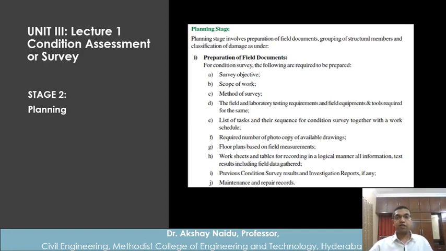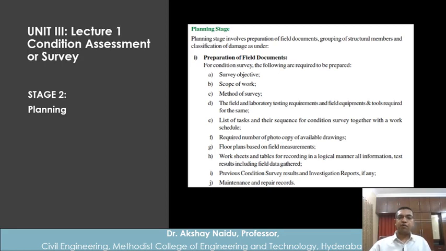Then the method of survey. Which are the methods of survey? This is condition survey. What steps will you take? That has to be identified. Is it just visual inspection, or along with visual inspection you need to carry out some NDT tests, non-destructive testing equipment?